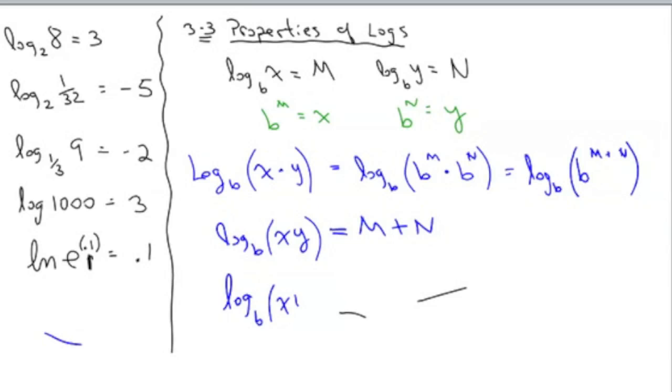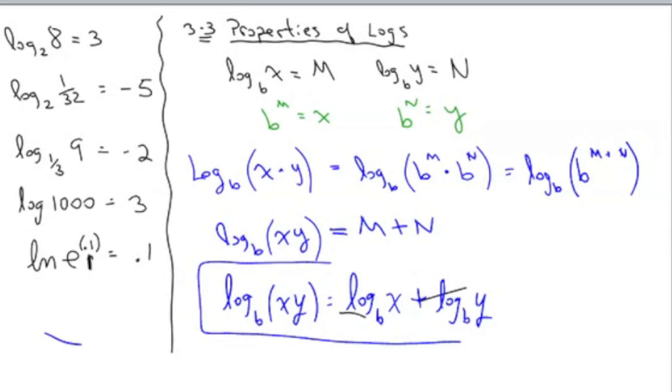So you get log base b of x times y is equal to log base b of x plus, what's n equal to? Log base b of y. This is the product rule for logs.